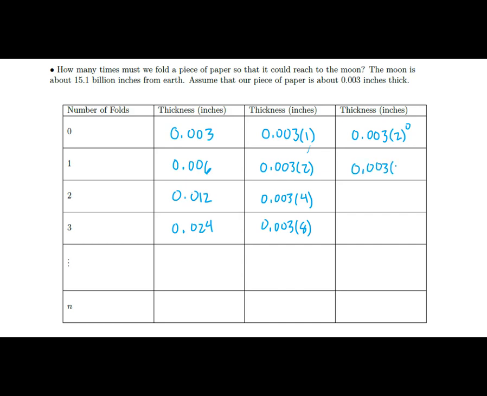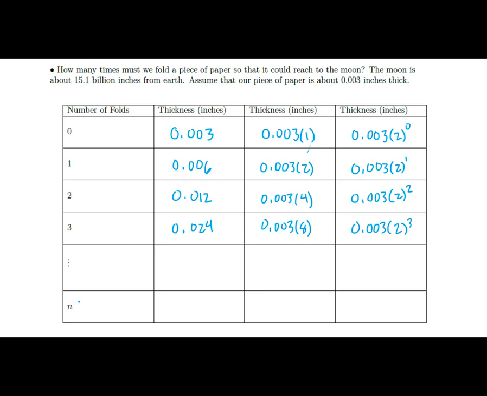Of course, this is going to be 2 to the first power. 4 is 2 to the second power. And 8 is 2 to the third power, right? Because 2 times 2 times 2 is 8. So what we've got now is this nice pattern going, and so at this very last row it says, what if I do n folds, right?